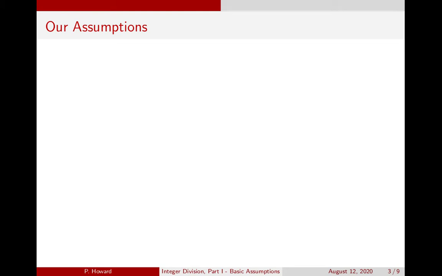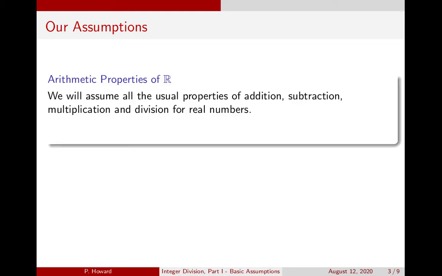Okay, now the assumptions that we're going to begin with as our starting point. We will assume all the arithmetic properties of the real numbers. So any property of addition, subtraction, multiplication, and division that you know and learned in an algebra course, say, you can feel free to use in this course.